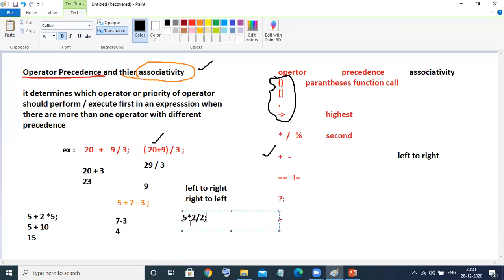In that case, the associativity will be from right to left. Right to left means 2 by 2 is going to be evaluated first. That means 5 into 1. The result is 5.